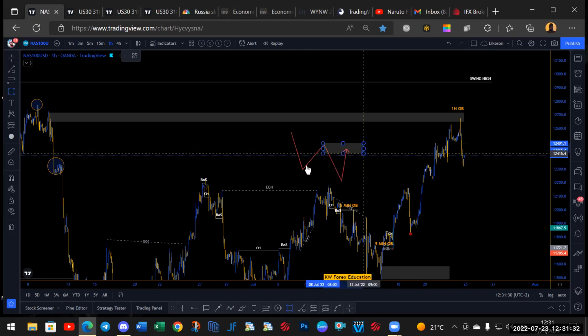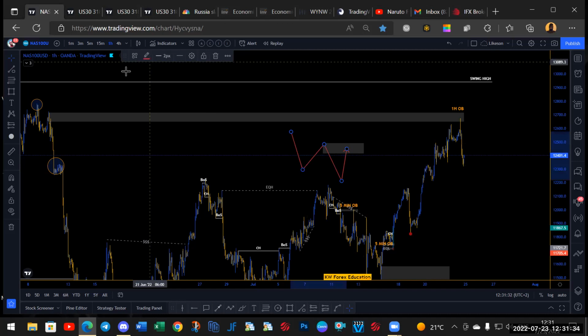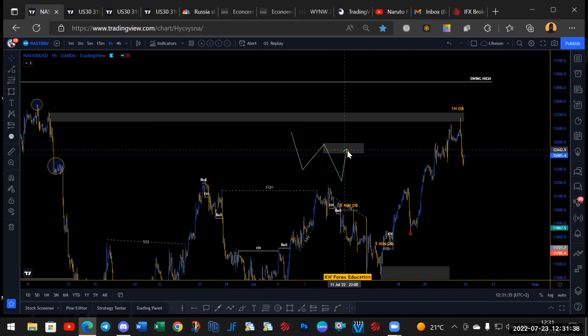Where price goes to mitigate your order block on 1 hour, like this, right? That's our 1 hour order block. Price has gone to mitigate. That's the mitigation there, right?